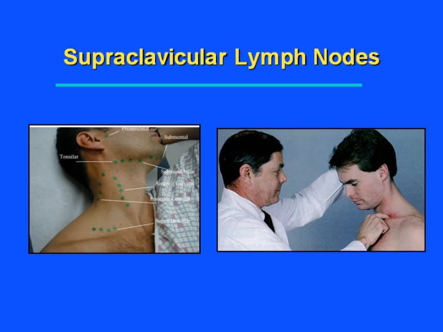This is important not only for being alert to the fact that it has spread, but also provides a way to make a diagnosis and stage the patient as advanced cancer by doing a biopsy of that lymph node.